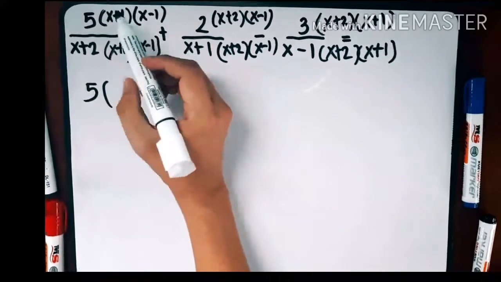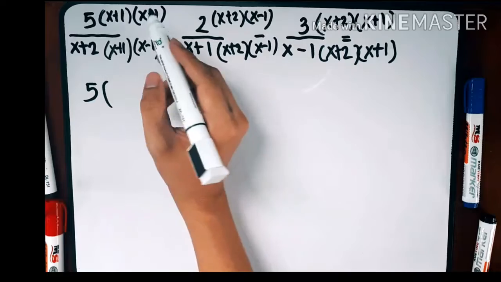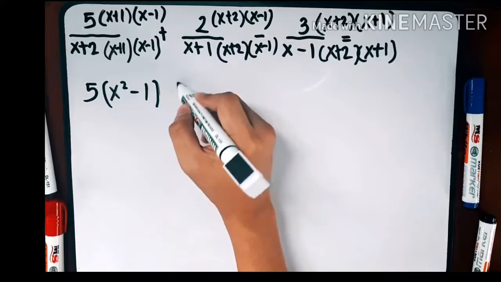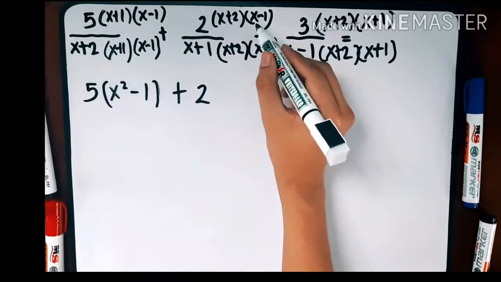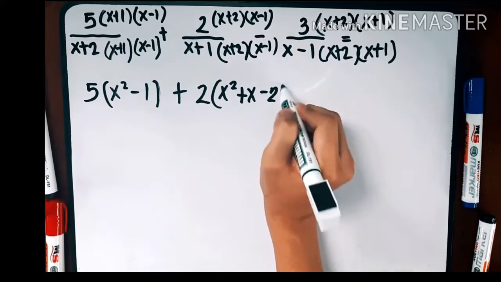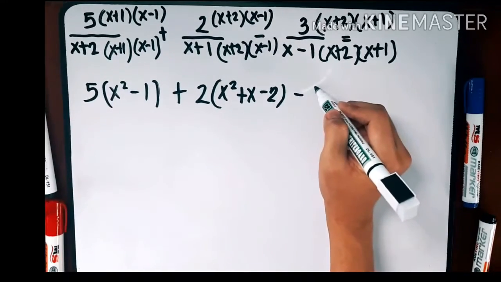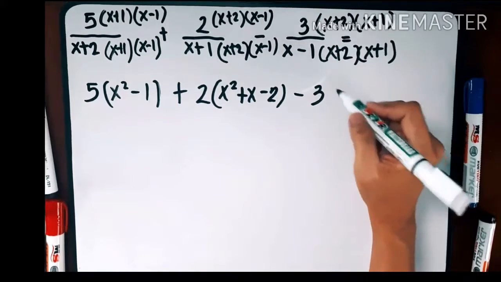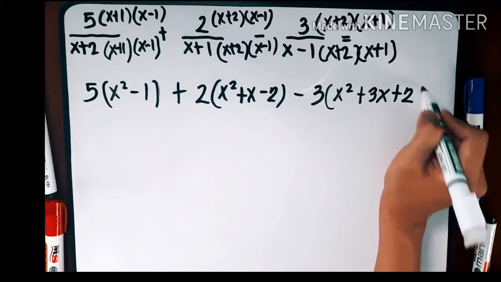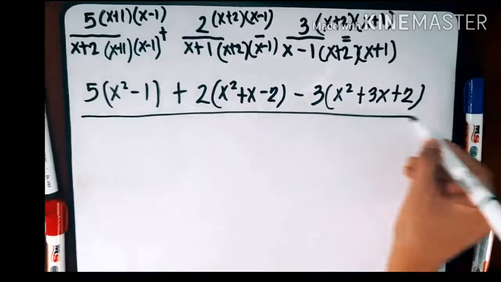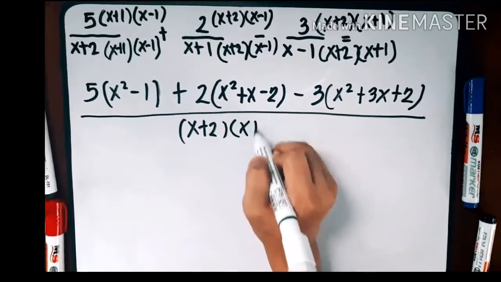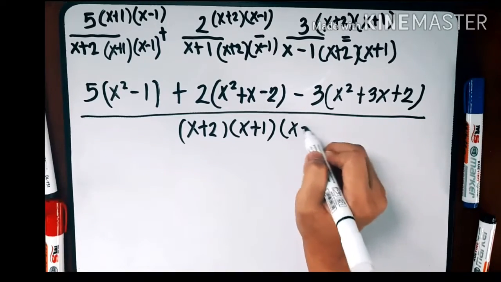If foil method natin yung x plus 1 multiplied by x minus 1, it would be x squared minus 1. 5 times that, plus 2, and then foil this, making x squared plus x minus 2, minus 3, and then foil of x squared plus 3x plus 2, all over x plus 2, x plus 1, and x minus 1.